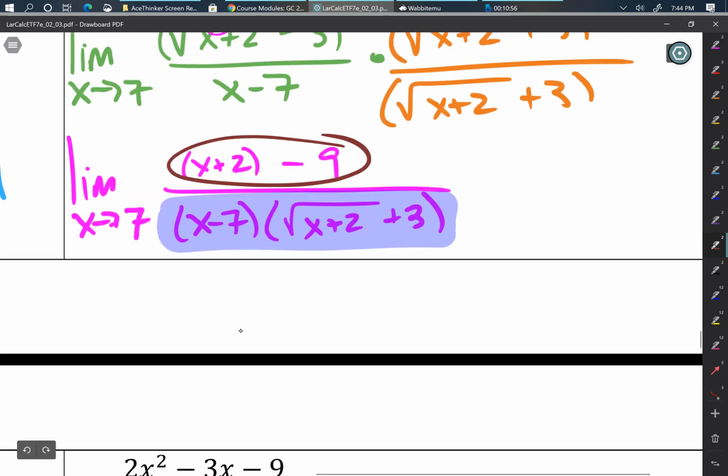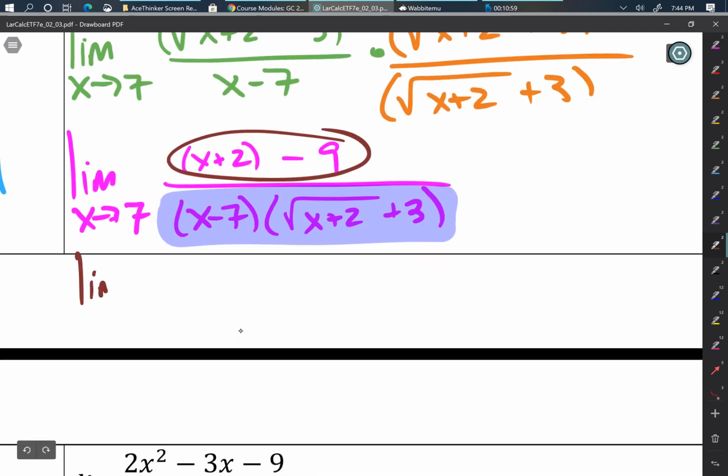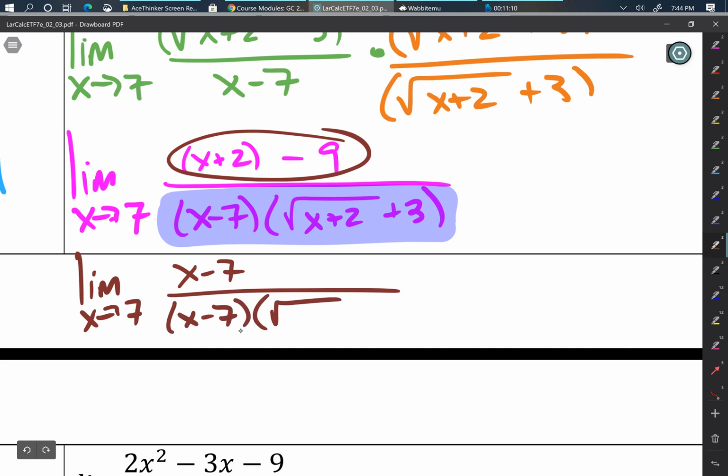We're then going to get the limit as x approaches 7 of x minus 7 over x minus 7 times the square root of x plus 2 plus 3. Okay. There's the hole in the graph.